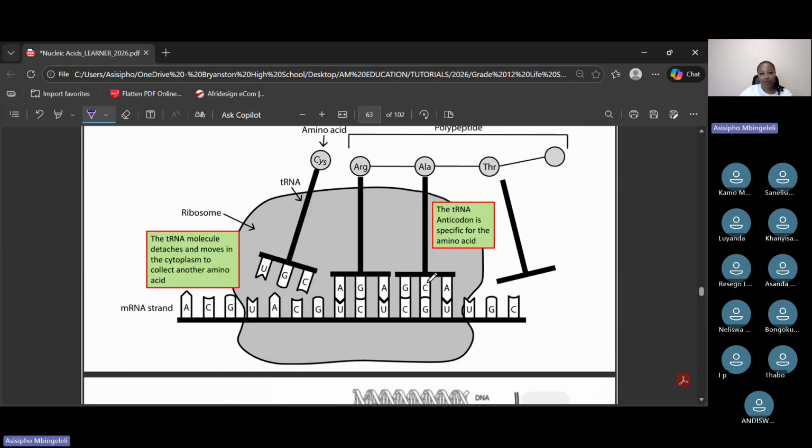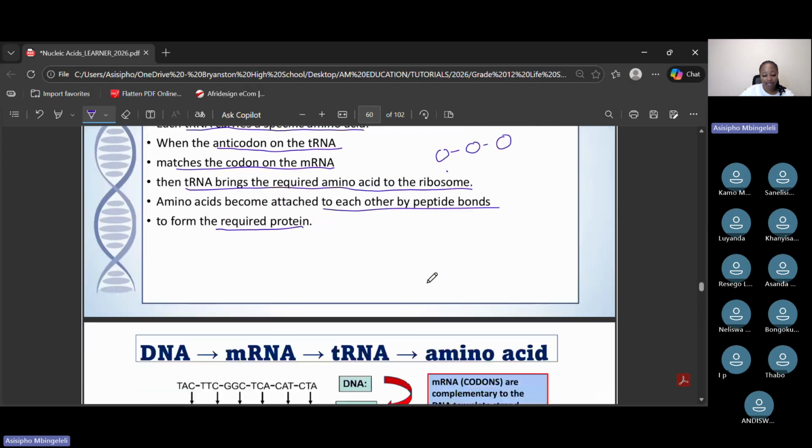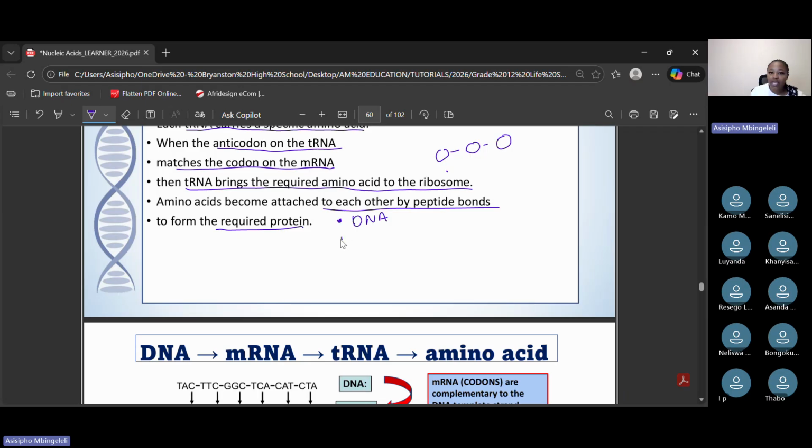But before we come here, I need you to write this down somewhere on a paper. We are going to look at the sequence of molecules that are formed. Whenever you are answering a protein synthesis question, I need you to write this down. Where did we start? We started by using DNA. And then from DNA, what molecule did we form? We formed a messenger RNA.